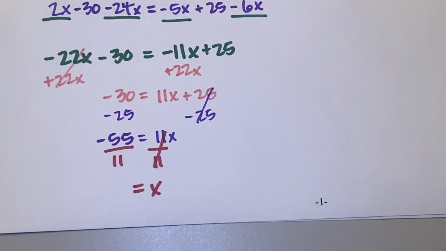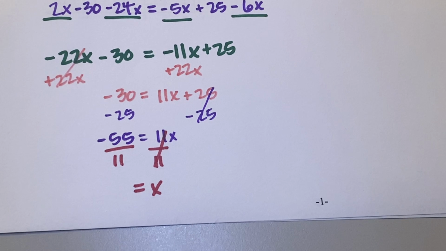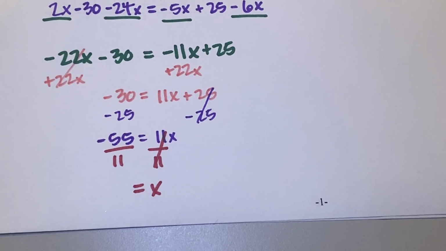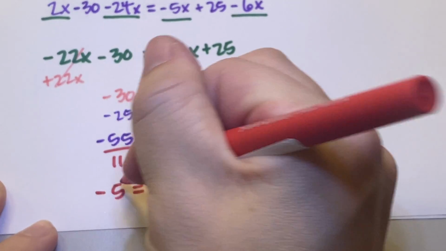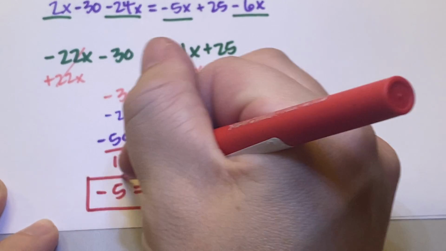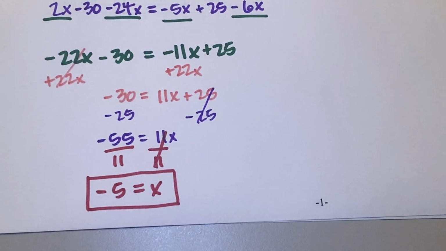What is negative 55 divided by positive 11? It's either negative 5 or 5. Negative 5, right? A negative divided by a positive gives me a negative. So the answer, x equals negative 5.